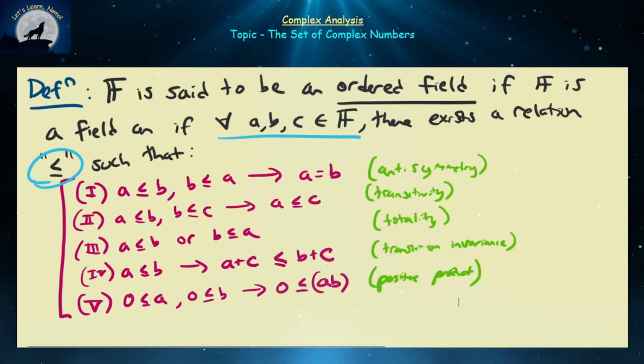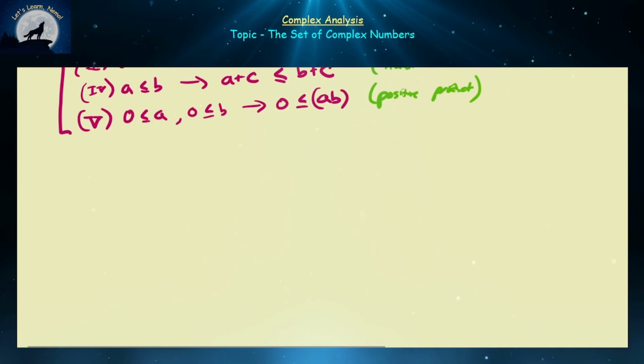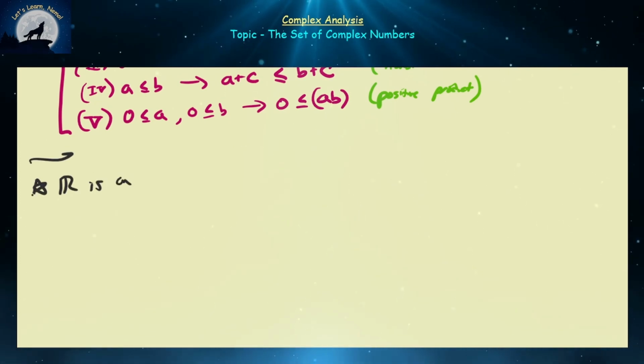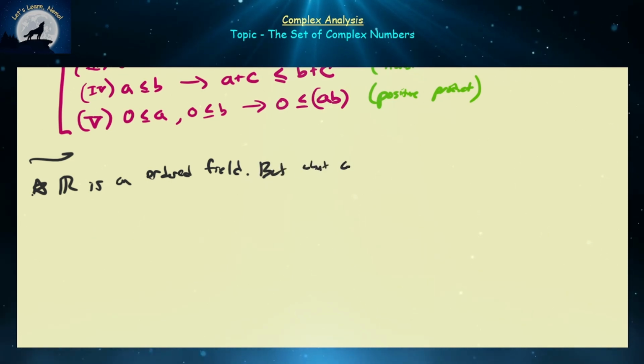So we already know that the set of real numbers R is an ordered field, right? But what about C?